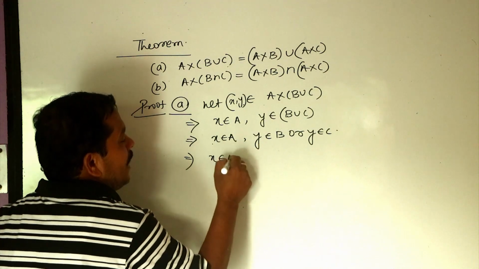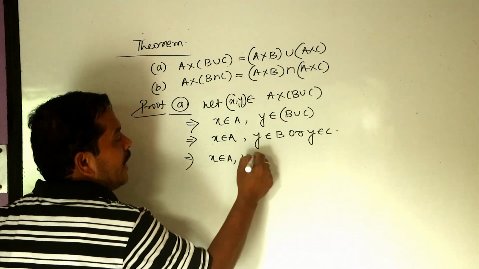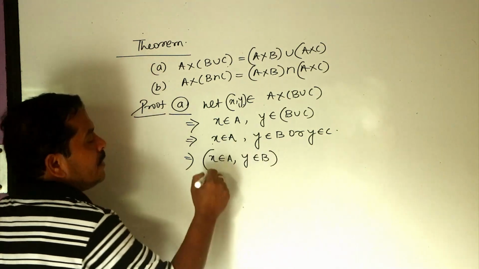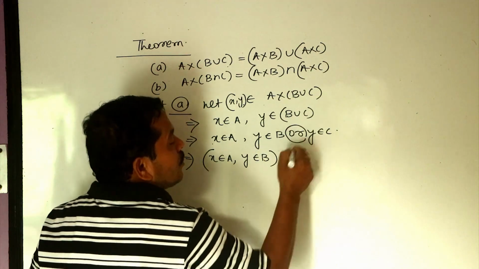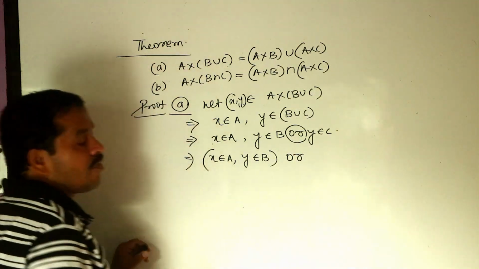Then using distributive properties, x belongs to A and y belongs to B. Here it is OR, so in the middle we have to put OR.